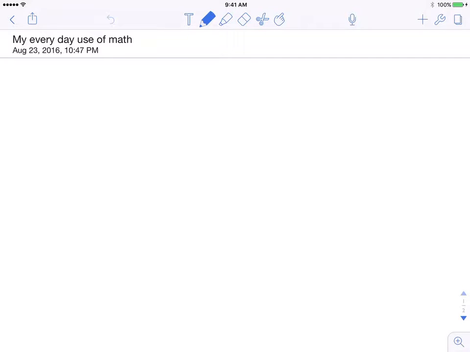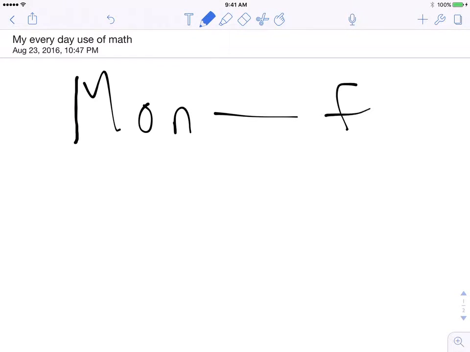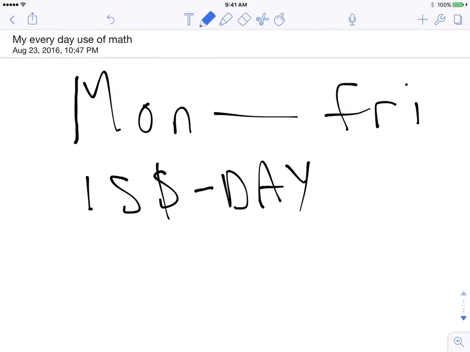Whenever I have to make my money go from Monday through Friday to be able to afford myself, I know that I can spend at least $15 per day on food. So how much money will I spend this week?